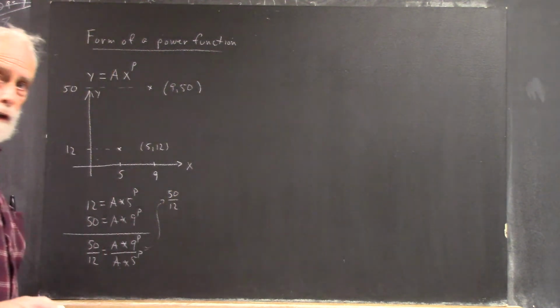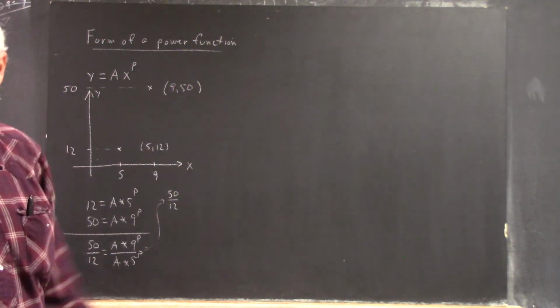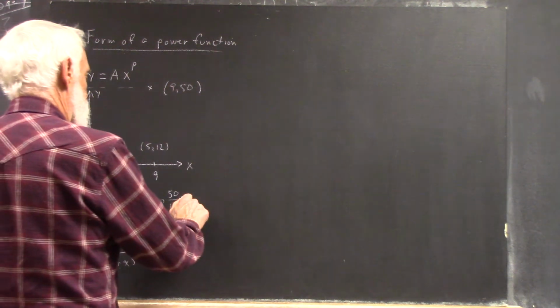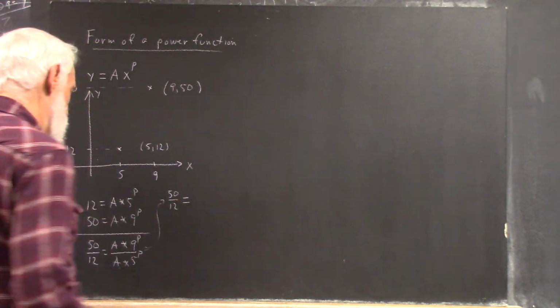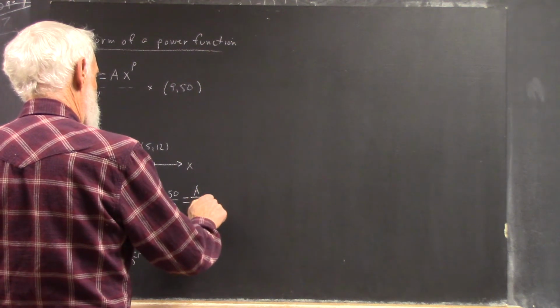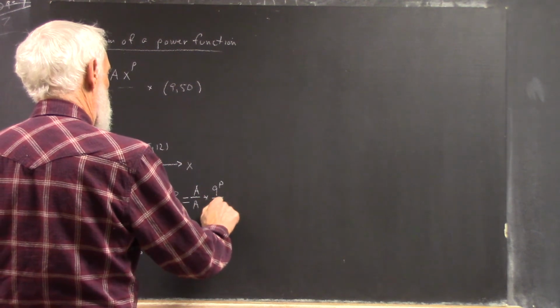We'll take a calculator to it. Okay, it's 4.16 repeating, but there's no point in doing that at this point since we're just doing the algebra with it. Well, we can write this as a over a times 9 to the p over 5 to the p.